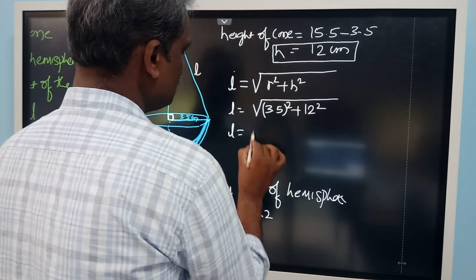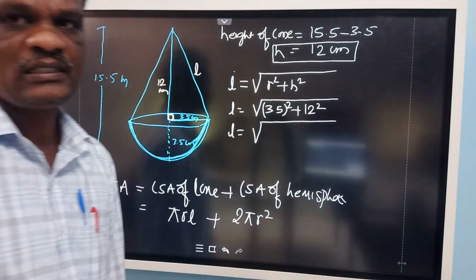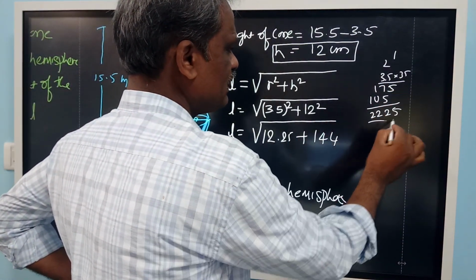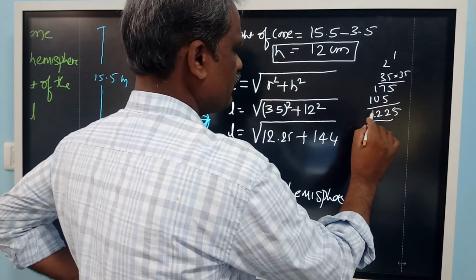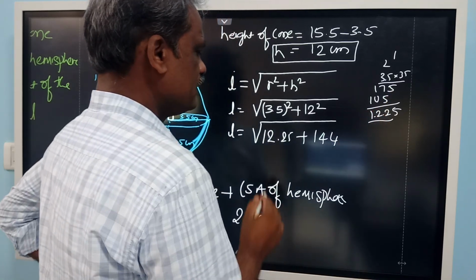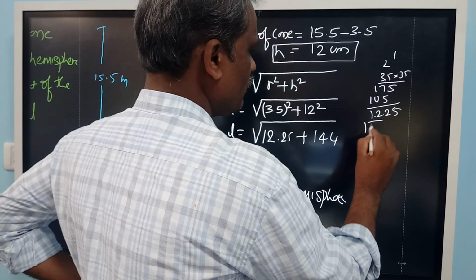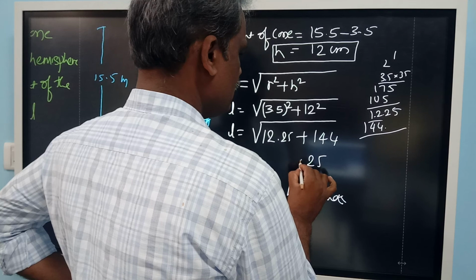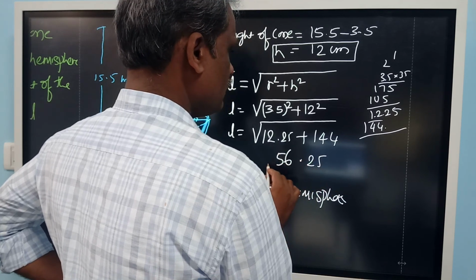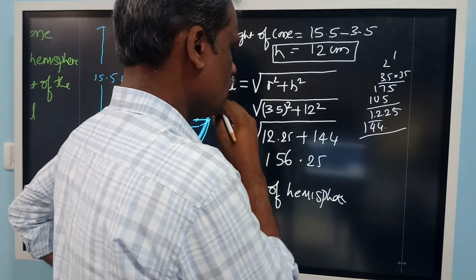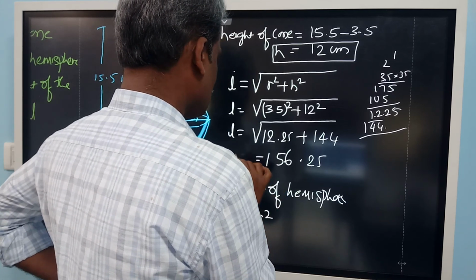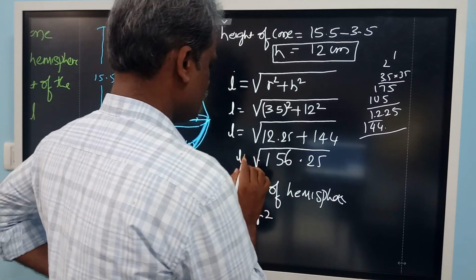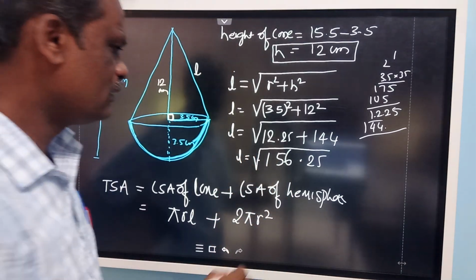Find out 3.5 square: the product of 3.5 into 3.5 gives you 12.25. Then 12.25 plus 144 gives you 156.25. So L is equal to root of 156.25.